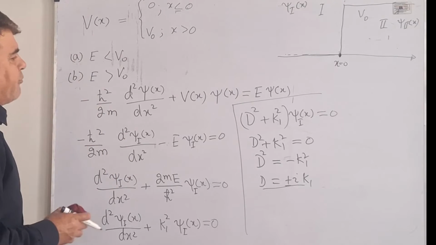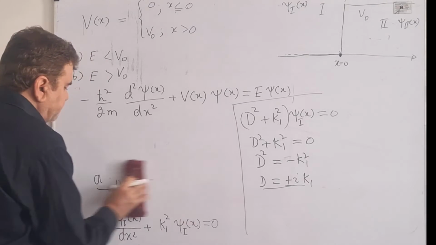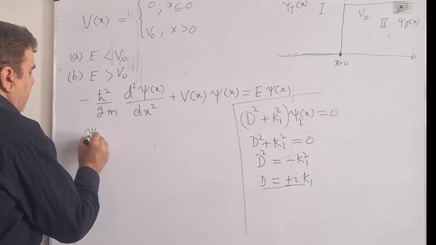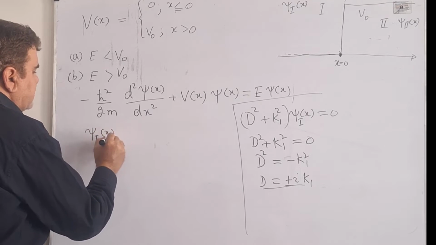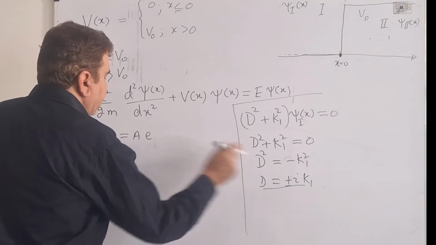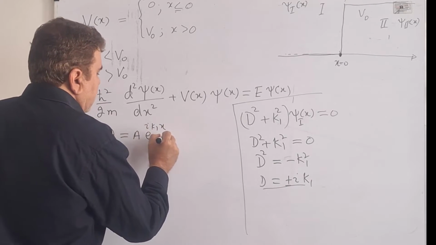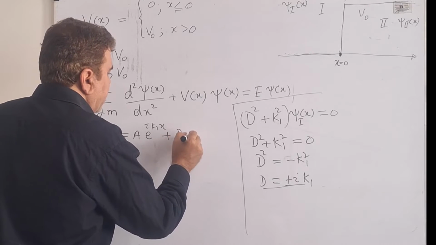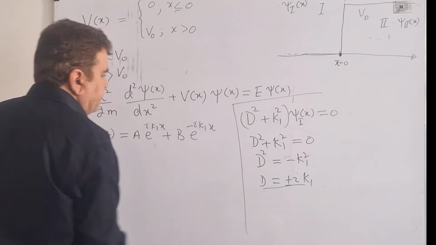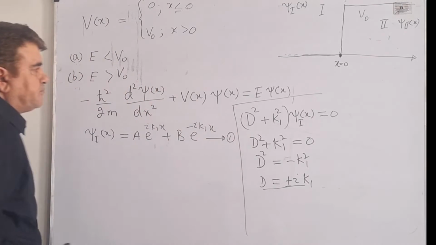Therefore I can write the solution in the form psi 1 of x equals A times exponent plus iota k1x, and then plus B times exponent minus iota k1x. Let me call this equation 1.